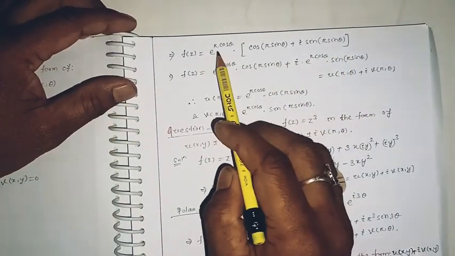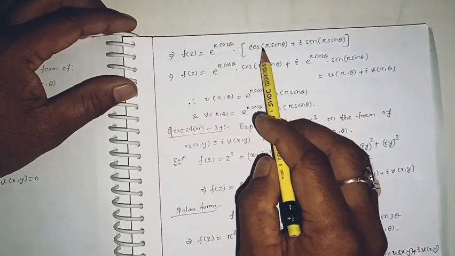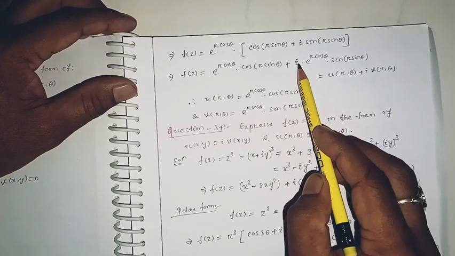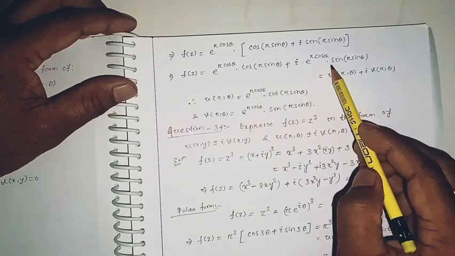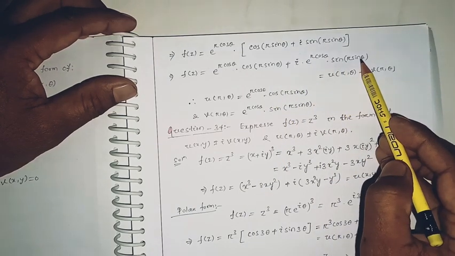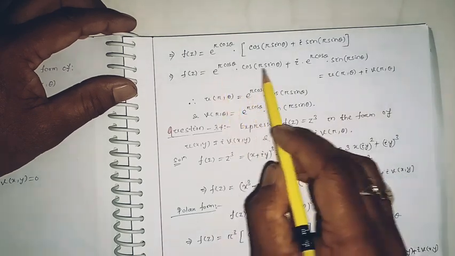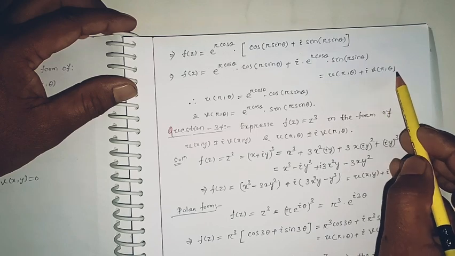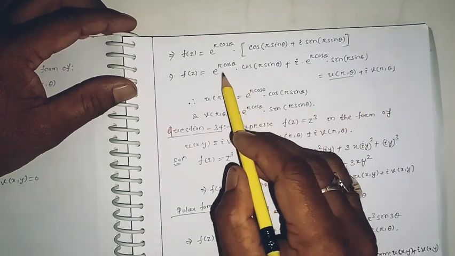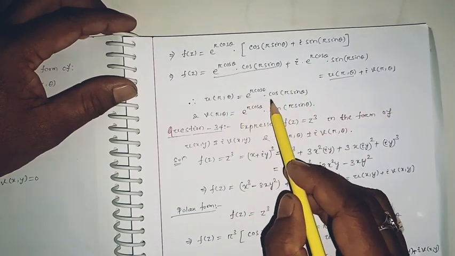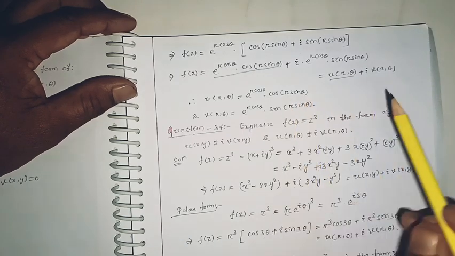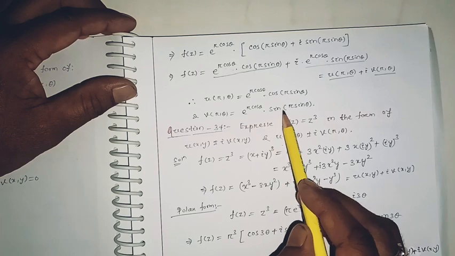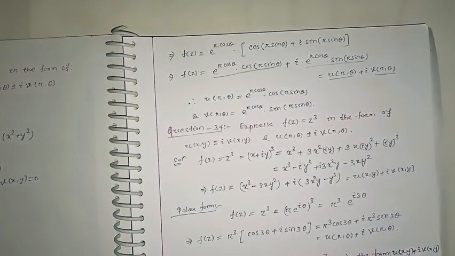Just multiply e^(r cos θ) with both terms: e^(r cos θ) cos(r sin θ) plus i e^(r cos θ) sin(r sin θ). This is represented by u(r,θ) plus i v(r,θ). Here u(r,θ) is e^(r cos θ) cos(r sin θ), and v(r,θ) is e^(r cos θ) sin(r sin θ).